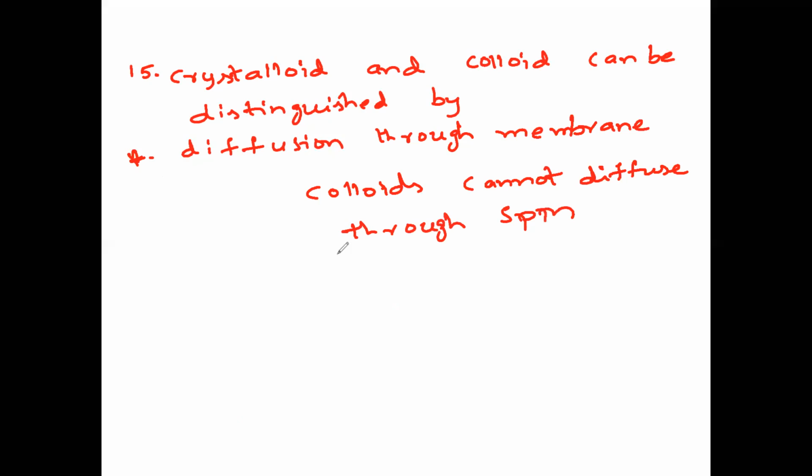That's why human blood is a colloidal solution. It will not diffuse through the SPM, but crystalloids, like the stones present in the kidneys or any other infection, can be diffused out. So crystalloids and colloids can be distinguished by diffusion through membrane, that is semi-permeable membrane or parchment paper. I hope it is clear.